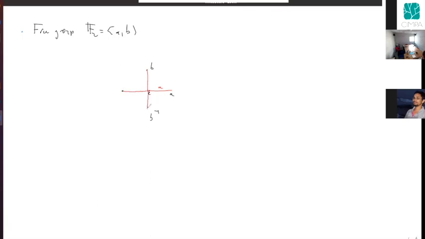And what you see is if I want another word, if I multiply by A, then I will get A squared. And if I multiply by B, then I will get AB.